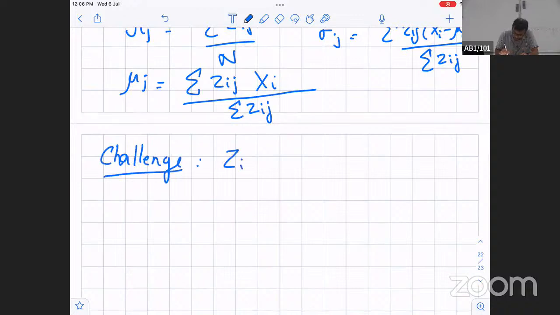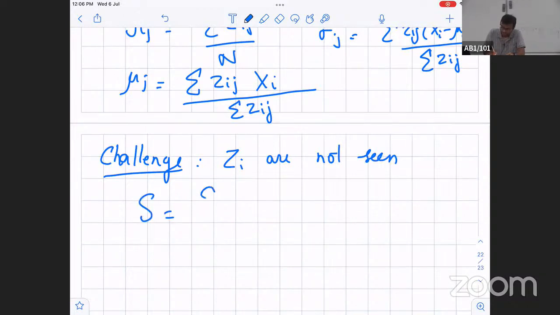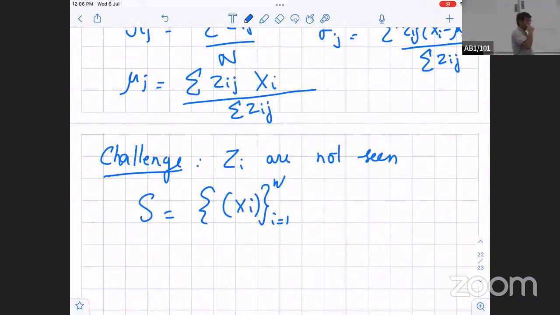So what you see is your sample has just the xi's. You don't know the zi's. You don't know what assignments to take. So how do you tackle this problem?